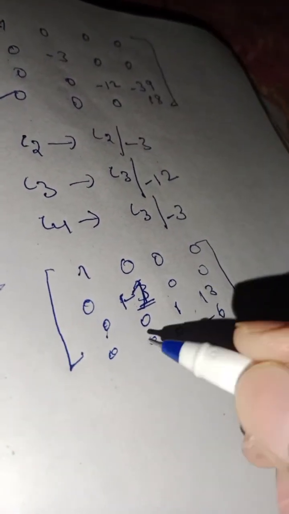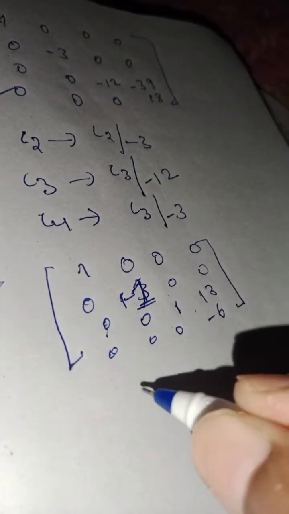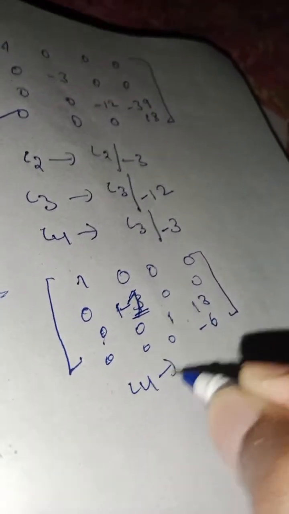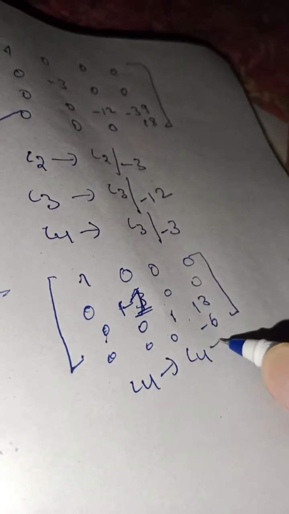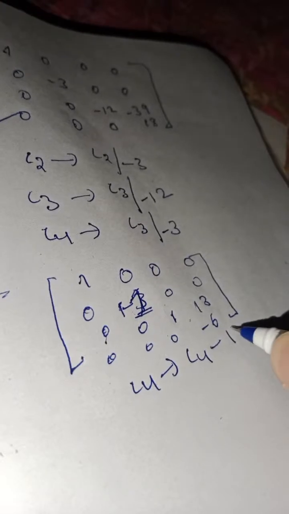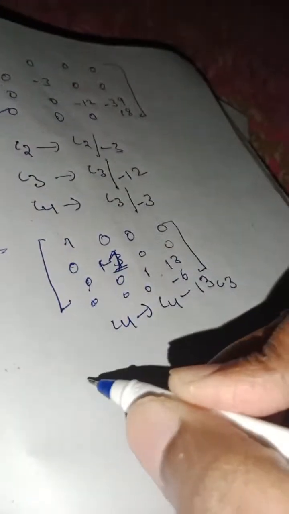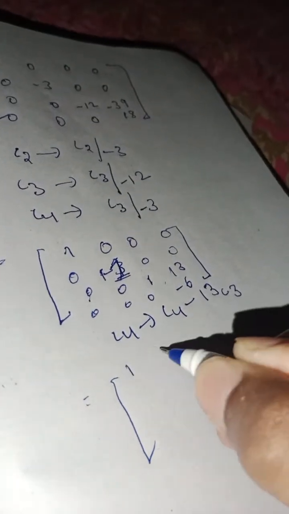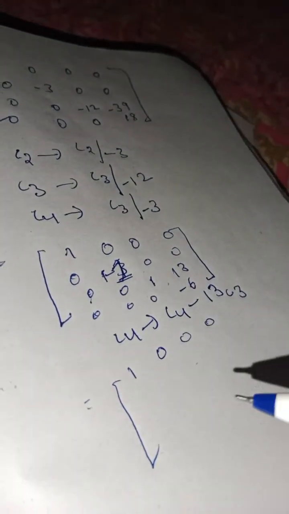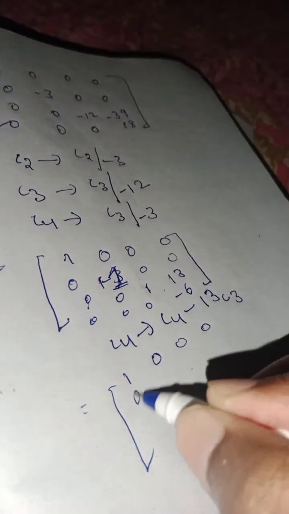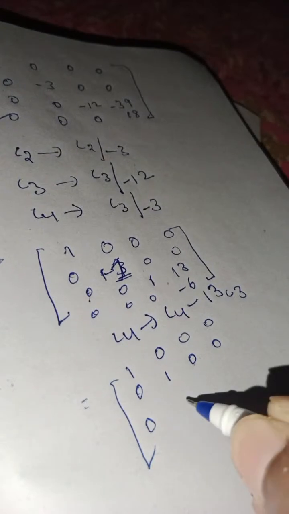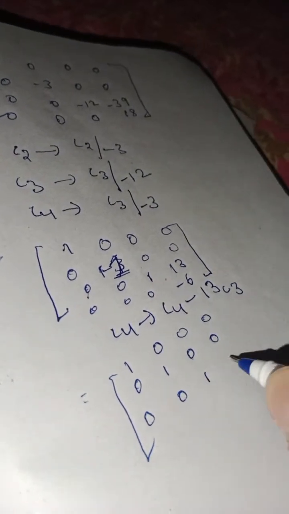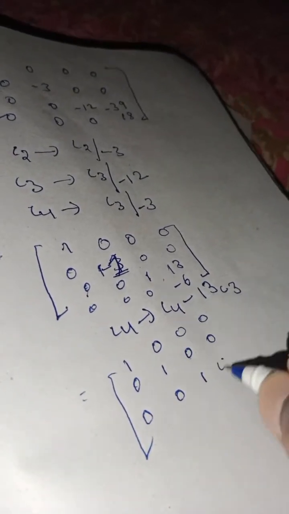So now we have to do column operations for C3 and C4 using C3. C4 is C4 minus 13 C3. So this will be 1 0 0 0, 0 1 0 0, so 0, 0, 1, 0. 13 minus 13 will be 0, right?